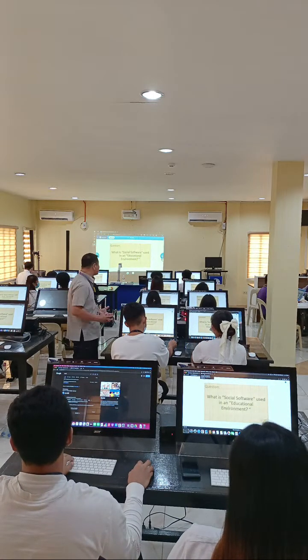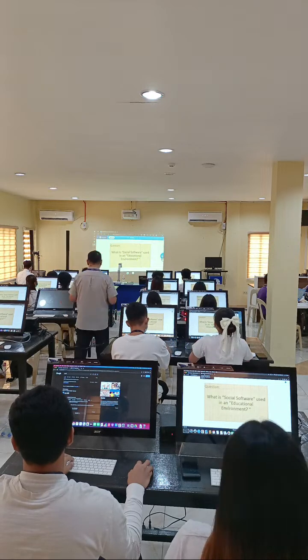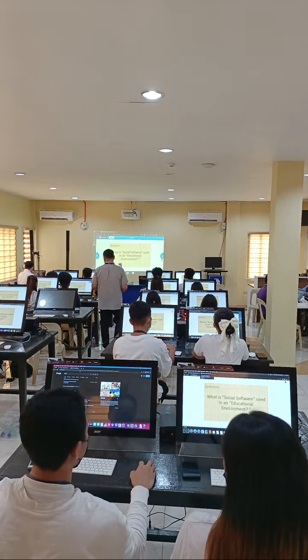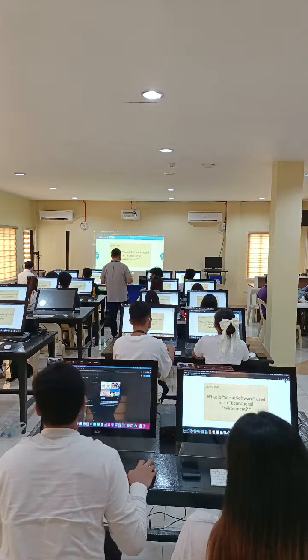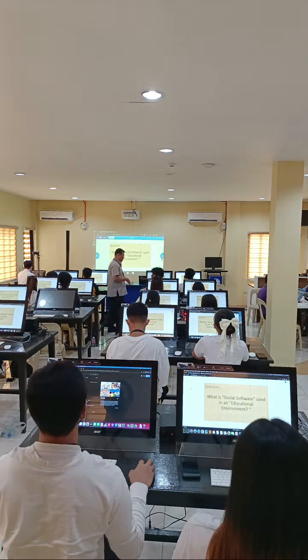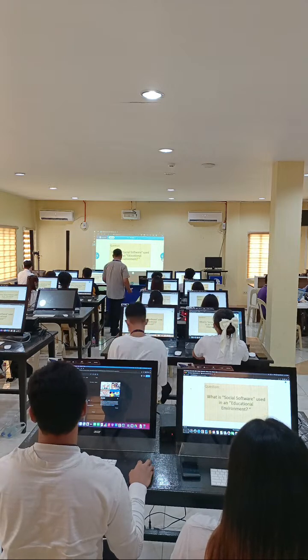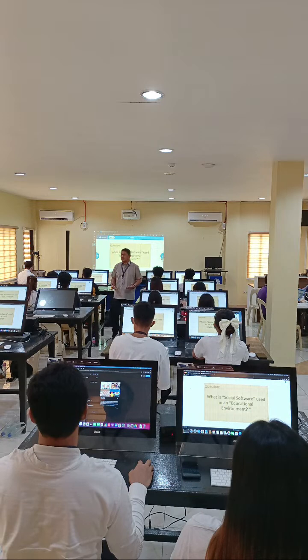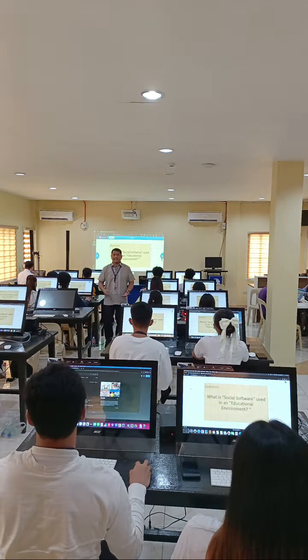Yes, interaction. Correct. When you talk about social, that can be one definition: interaction, talking with somebody, being with somebody, being with a person, or maybe a virtual person. And then we talk about software. I think you heard this during your junior high school. What is software? Yes, JD.